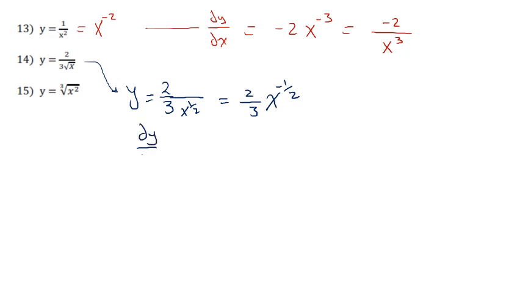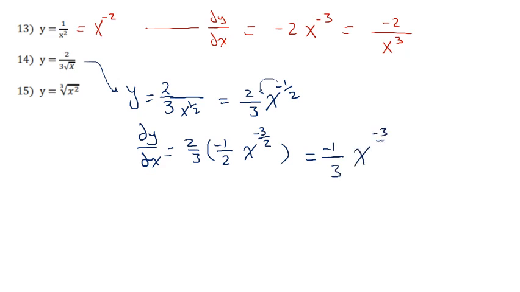Now dy by dx. 2 over 3 is a constant. And then I'm going to put down the power, which is negative 1 over 2, subtracting from the exponent 1, so it's going to be negative half minus 1, which is negative 3 over 2. So 2 over 3 multiplied by negative 1 over 2 is negative a third, x to the power of negative 3 over 2.